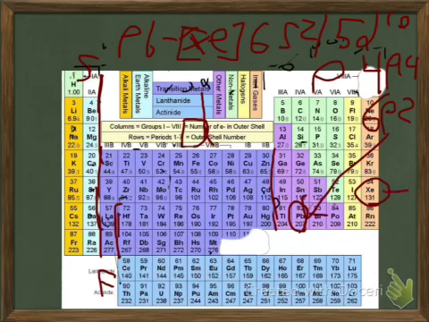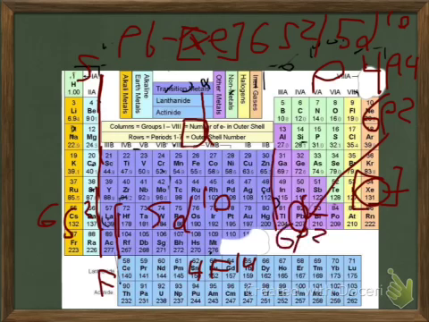So we just write Xe in brackets, 6s2, 5d10, 4f14, and then 6p2, and that is the shortcut.